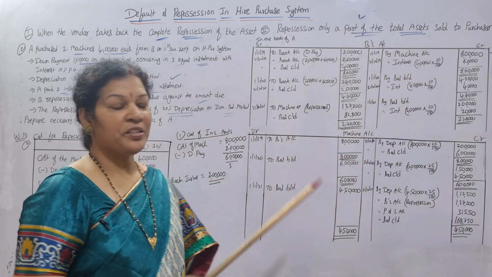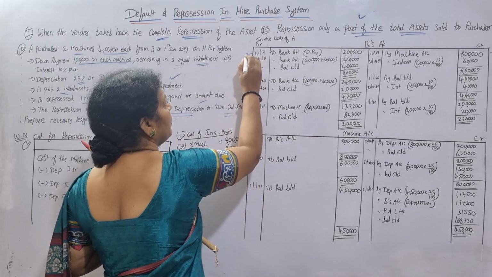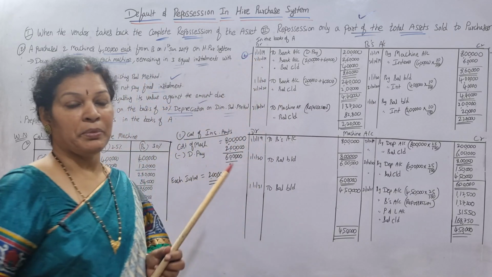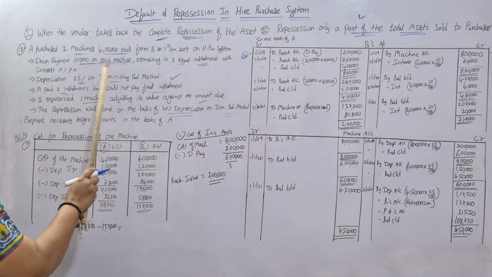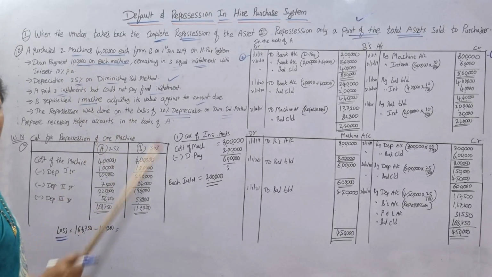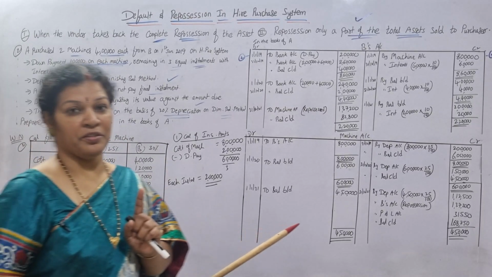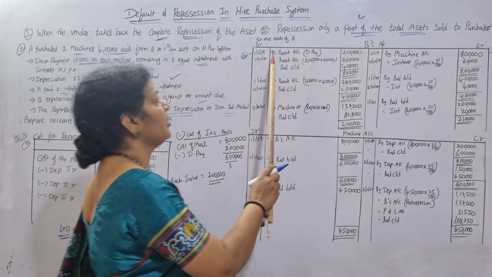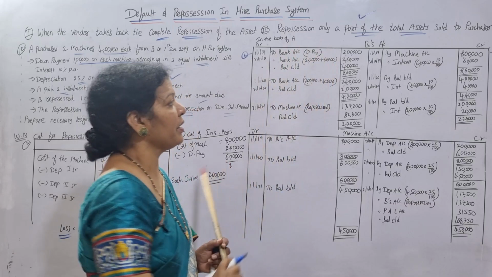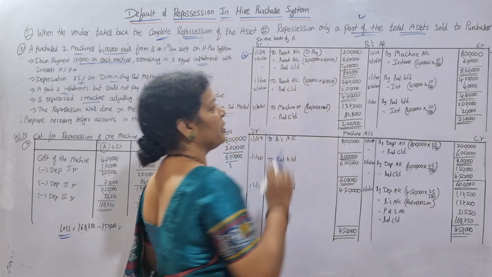After writing the first entry, the second entry will go for down payment to bank account. How much is the down payment? Down payment 1 lakh rupees on each machine. 2 machines, so down payment is 2 lakh. To bank account, down payment 2 lakh. 2 entries are over.